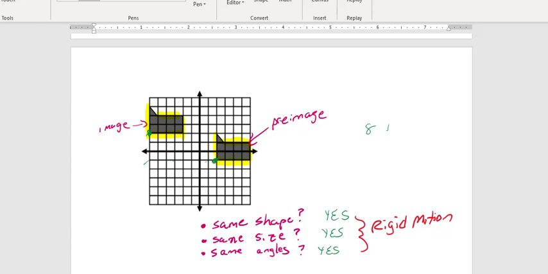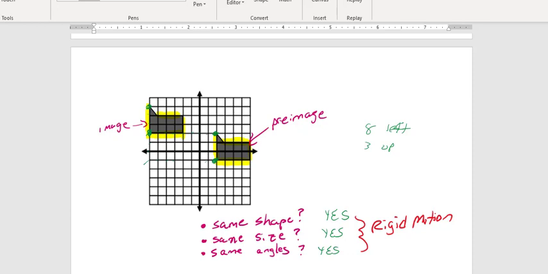So let's say 8 left, 3 up. Now I'm going to pick one more point and see if it does the same thing. I'm going to pick this point to this point. Let's see if it does the same thing. 1, 2, 3, 4, 5, 6, 7, 8, and 1, 2, 3 up. It does do the same thing.